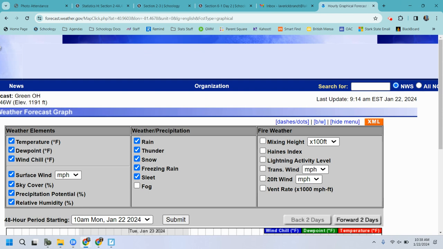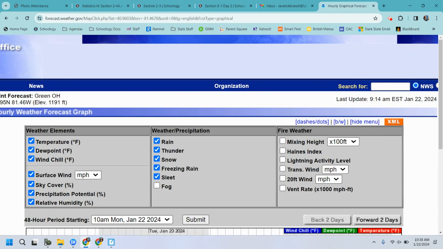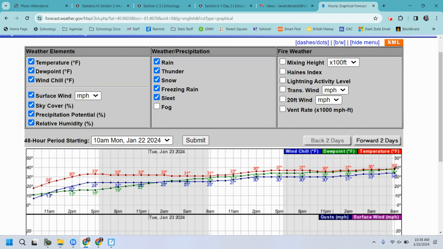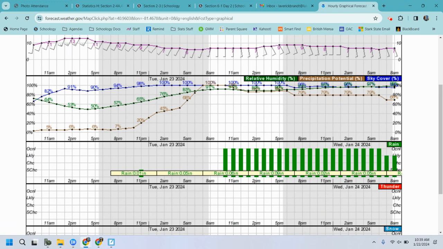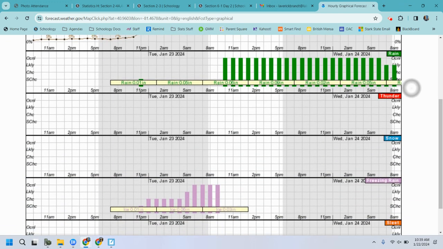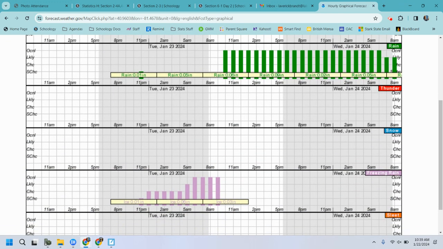Look at this. So you may be thinking, is it temperature? No, it's not temperature. Then is it snow? No, it's not snow. It's ice. We're getting almost a tenth of an inch of ice, which is a lot. Right at the perfect time.